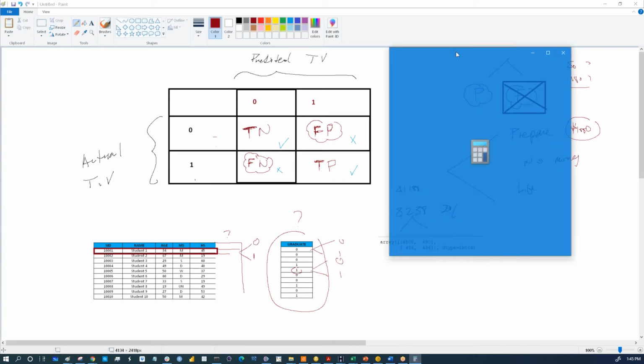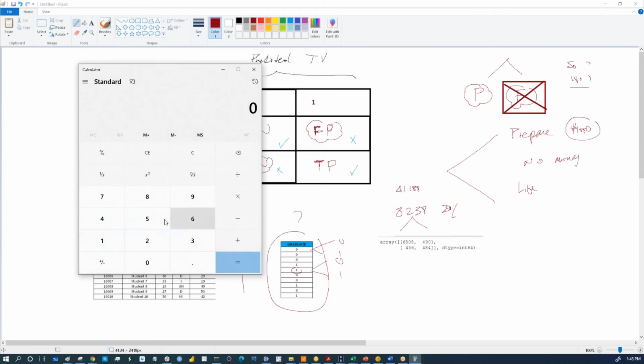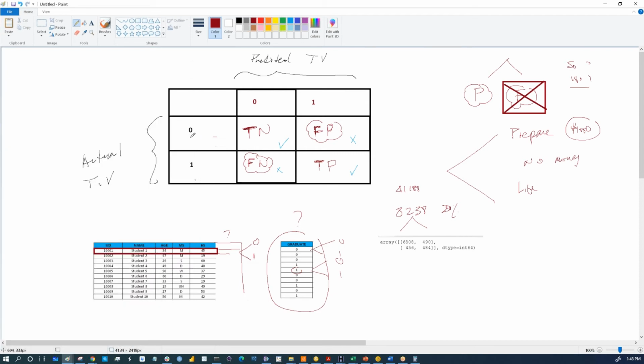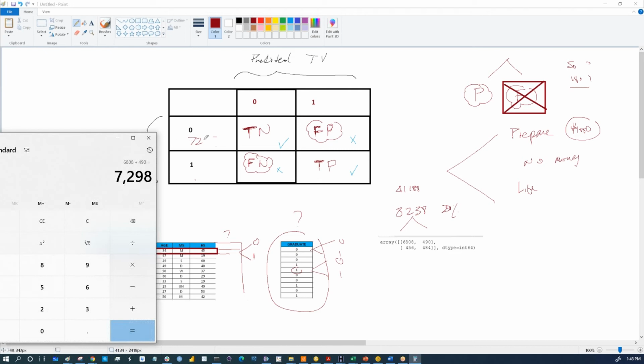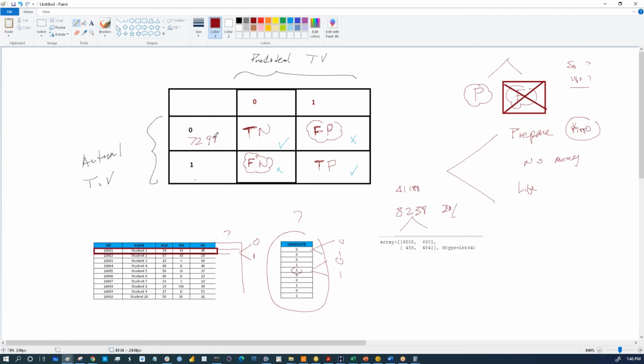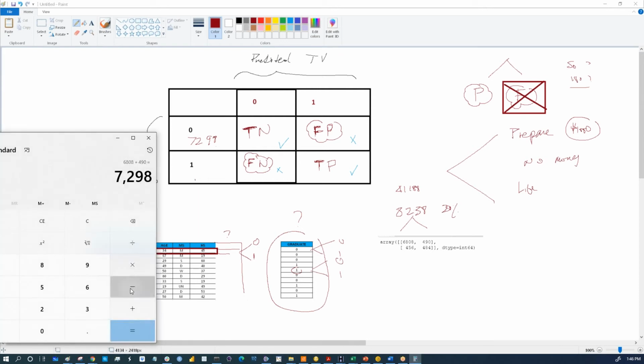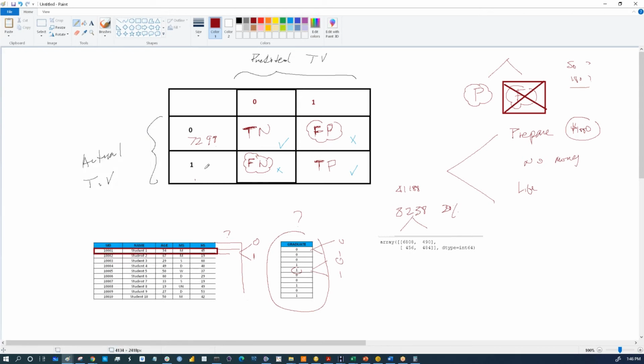So we got 6,808 plus 490 is going to be 7,298, and minus 8,238 is going to be 940.